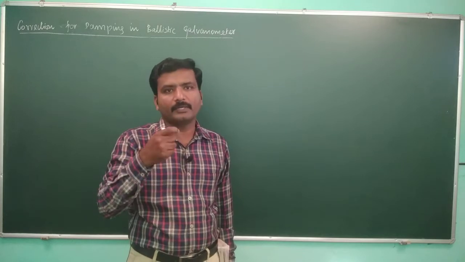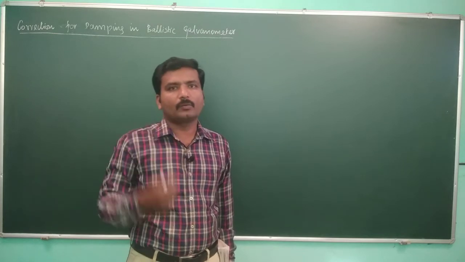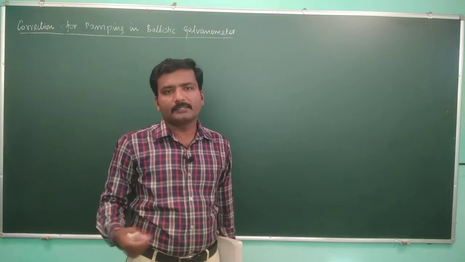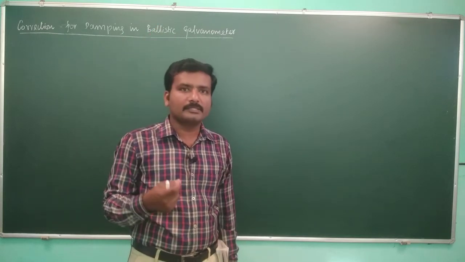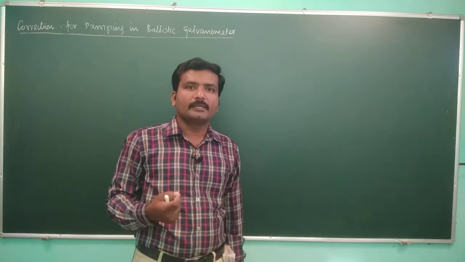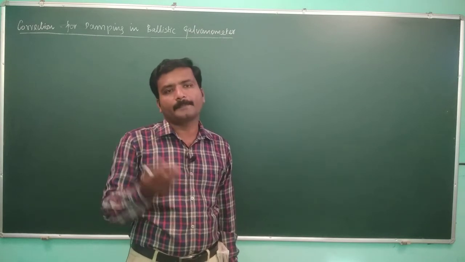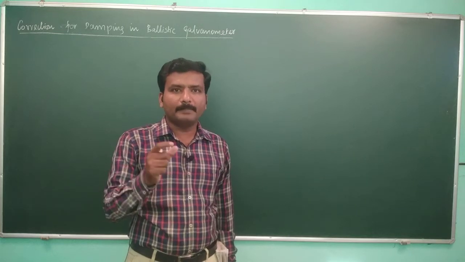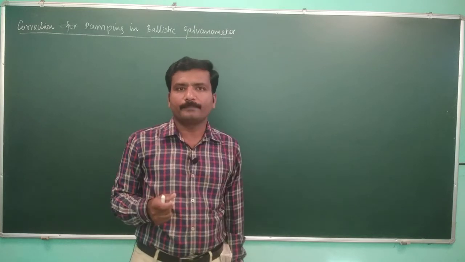The wire is tied at one end in a stiff way, and the other end is with a spring. We assume that the kinetic energy imparted to the coil is completely used for twisting the wire.